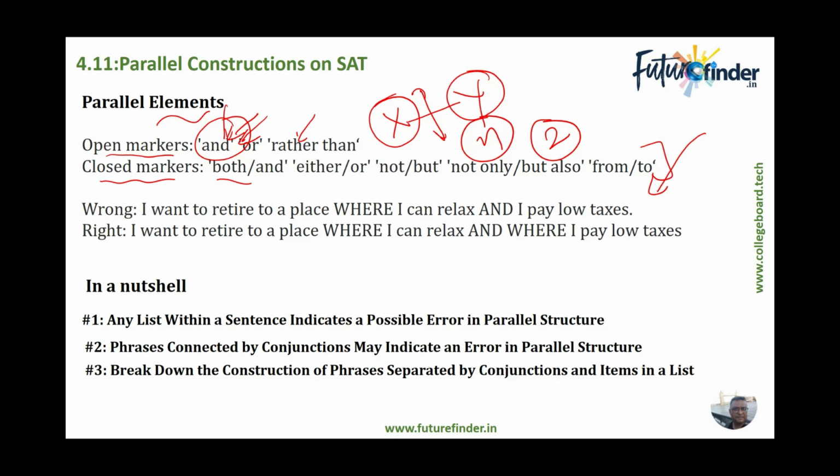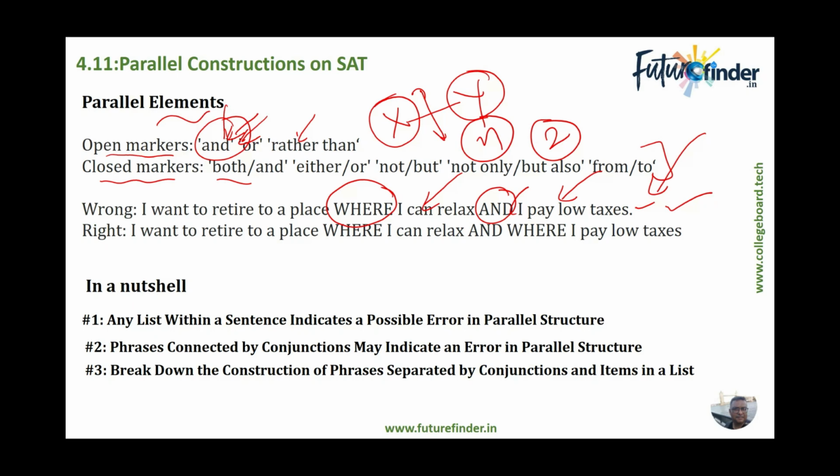I want to retire to a place where I can relax and pay low taxes. As we can understand, this and is an open marker. This is not a closed marker. So this cannot be between I can relax and I can pay low taxes. This has got to be where I can relax and also where I can pay low taxes, and where I can do this and where I can do that.